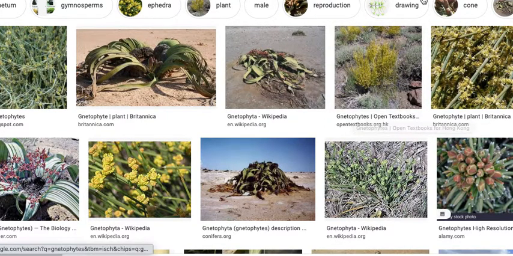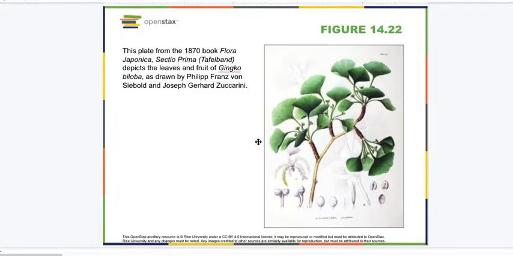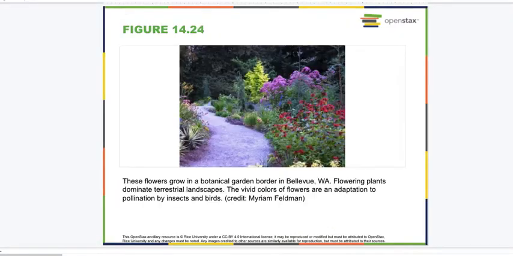Okay, so the next group that I want to talk about are the angiosperms, the classic flower-bearing plants that are doing quite well. We as humans like to plant these a lot in our gardens because we love all of the flowers, and they make flowers and fruit.